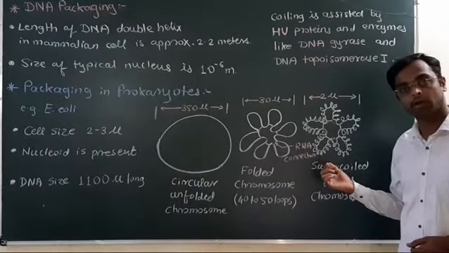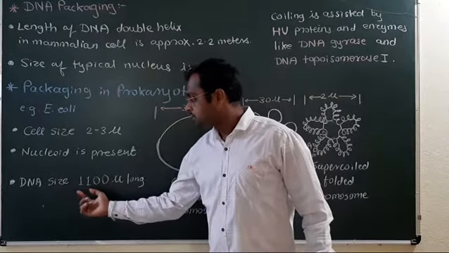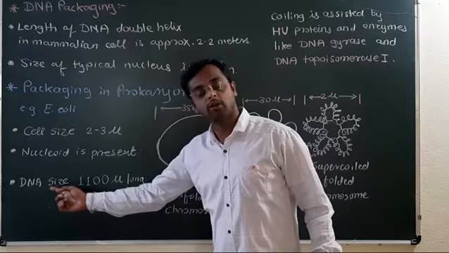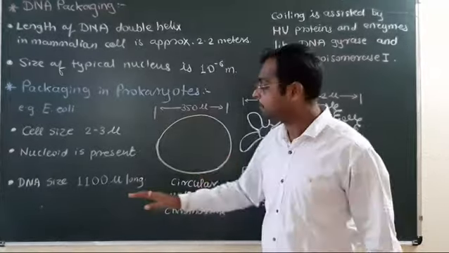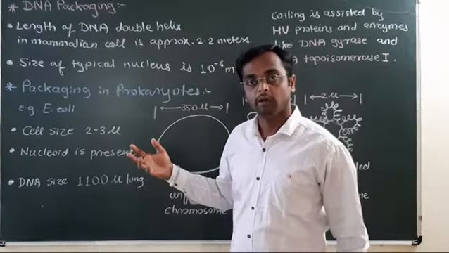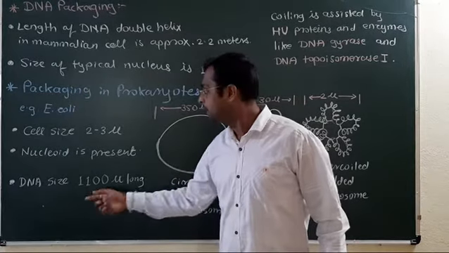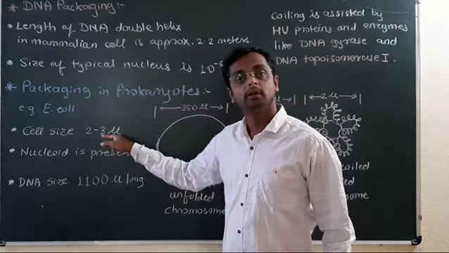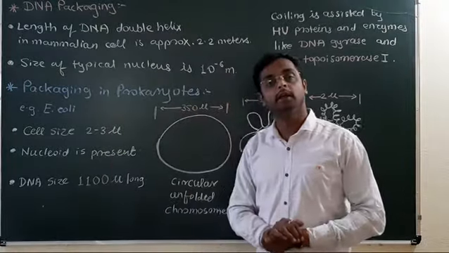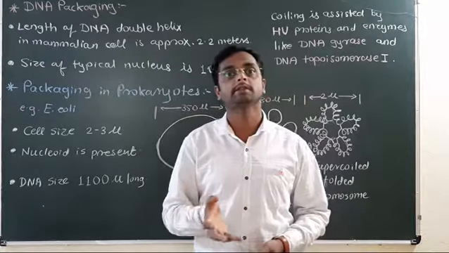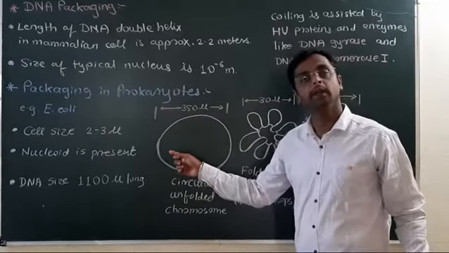Three figures I have drawn here. The nucleoid, or DNA, is 1100 micron long. It is not possible to fit this 1100 micron long DNA into the 2 to 3 micron cell. So this DNA gets circularized.